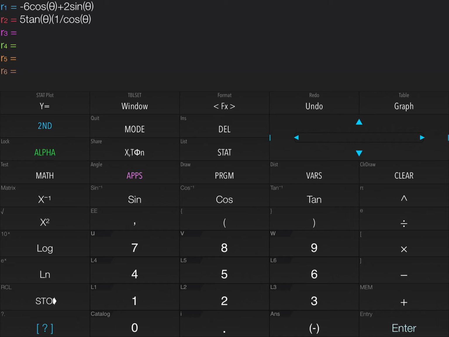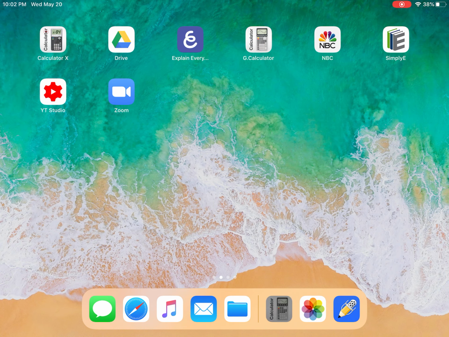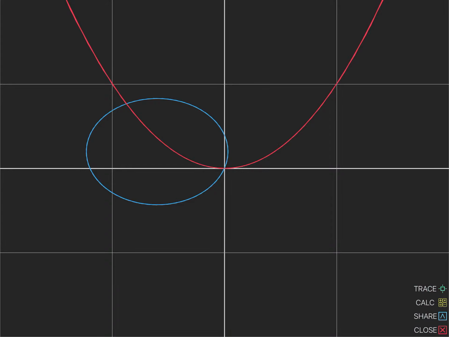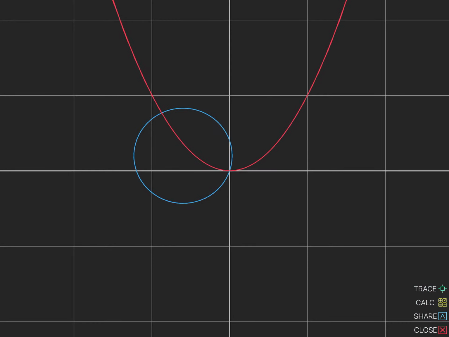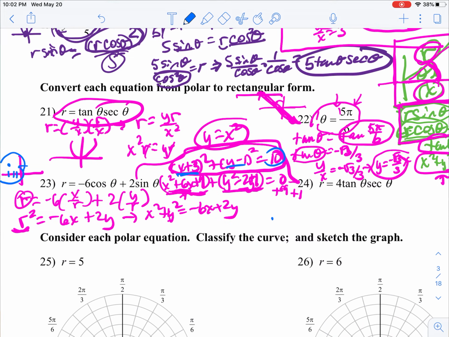So this is number 23, negative 6 cosine theta plus 2 sine theta at the top. That's in polar coordinates, and you find all those points and graph it. But we also see that it does give us, this is skewed, it does give us a circle with a center at negative 3, 1, and a radius of 3. So pretty cool. All right, so this would be your answer right here, and you can see it on your page. Okay, now for 24.